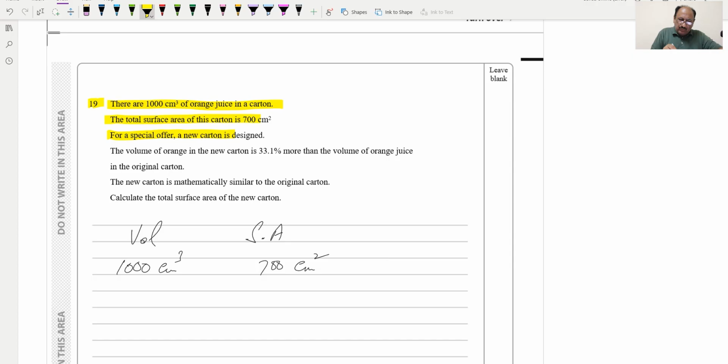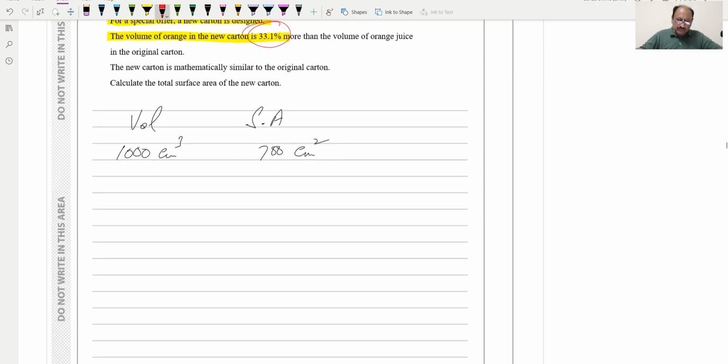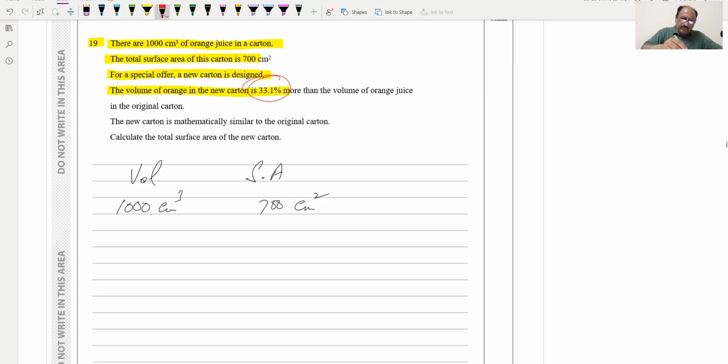For a special offer, a new carton is designed. The volume of the original orange juice in the new carton is 33.1% more. So volume is increased by 33.1%. We can calculate that volume. So we'll write here new volume will be 33.1% more.